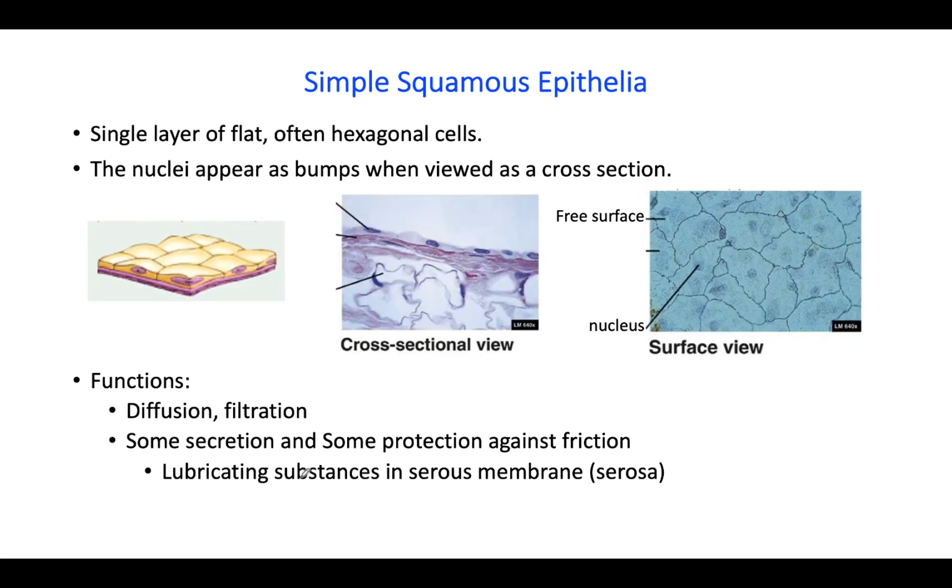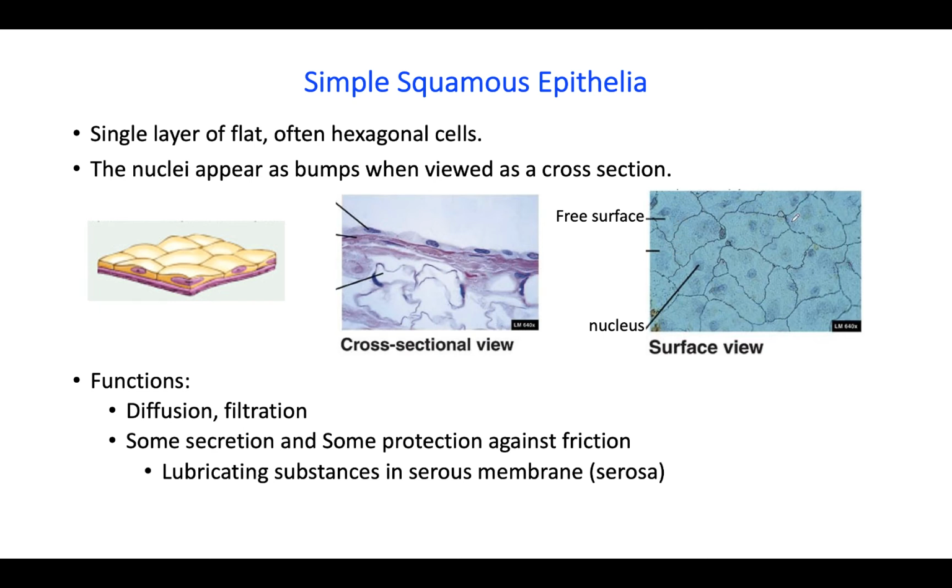First, simple squamous epithelia. A single layer of flat and thin epithelial cells. The nuclei appear as a bump. Can you see like this? This is a cross section. Nuclei appear as a bump when viewed in cross section because the cells are so flat.